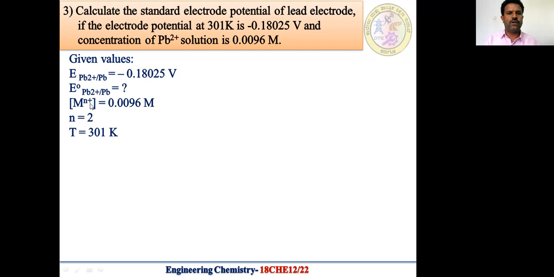The concentration of the metal ions is equal to 0.0096 molar, the value of n will be equal to 2, and the given temperature is equal to 301 Kelvin. The suitable Nernst equation for this problem is E is equal to E naught plus 2.303 RT divided by nF, log of the concentration of the metal ions in solution.